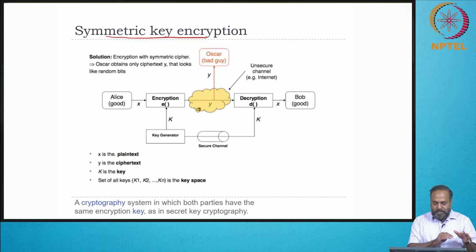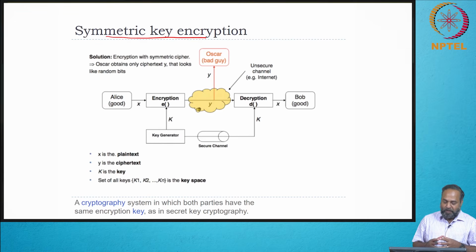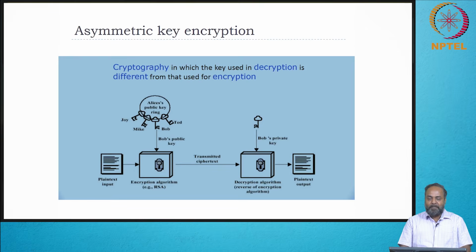And if you send your key over the same unsecure network, the key can also be accessed, and that makes the whole arrangement a little vulnerable. And therefore, key management is a challenge. The key again passes through the same network, and that is a limitation of symmetric key encryption, and that is overcome in the asymmetric key encryption, which is depicted in this diagram.